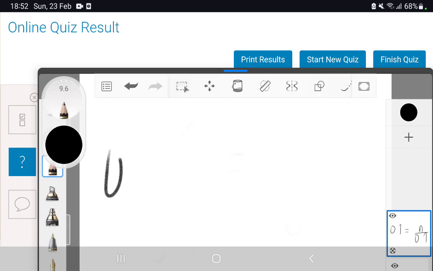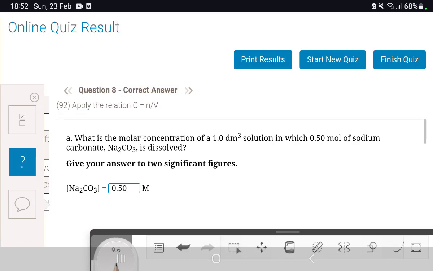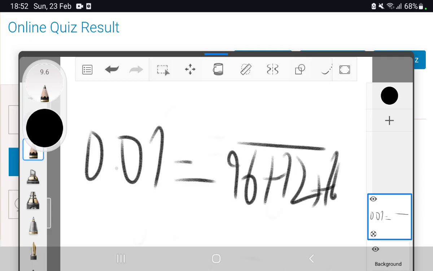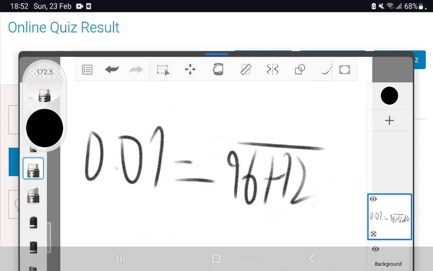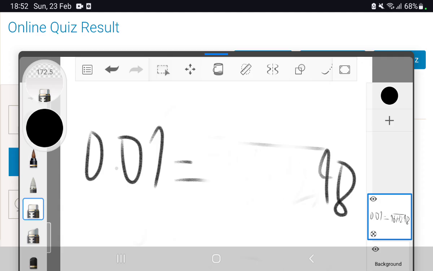So 0.01 is equal to the mass over the molar mass. They gave us the molecular formula of Na2CO3. So 46 plus 12 plus 16 times 3, which is 48, plus 48, which will give us 106 at the denominator.